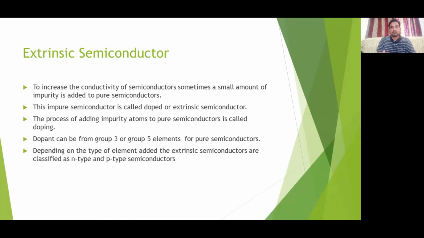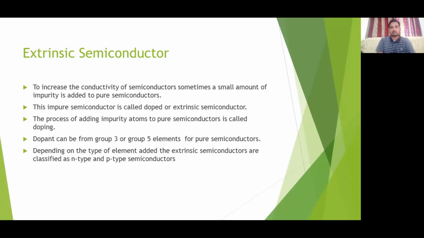The newly formed semiconductor, which has some impurity inside it to increase conductivity, is called an extrinsic semiconductor. If a semiconductor exists in its pure form, it is called intrinsic, and if you add some impurity to an intrinsic semiconductor, it is called extrinsic. This impure semiconductor is called a doped or extrinsic semiconductor.